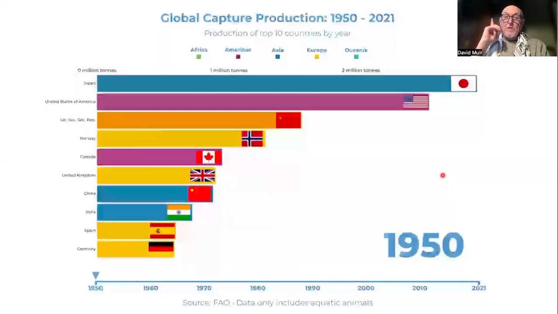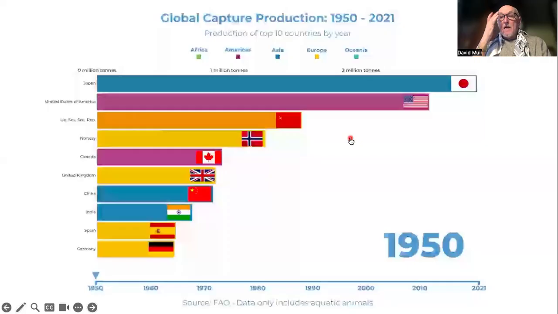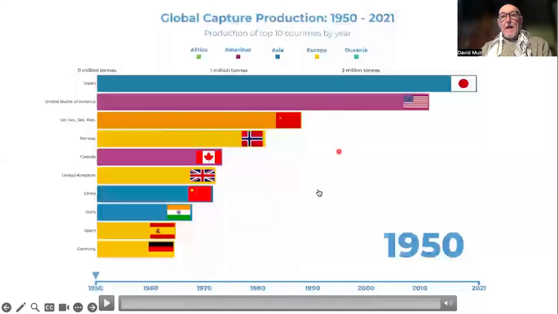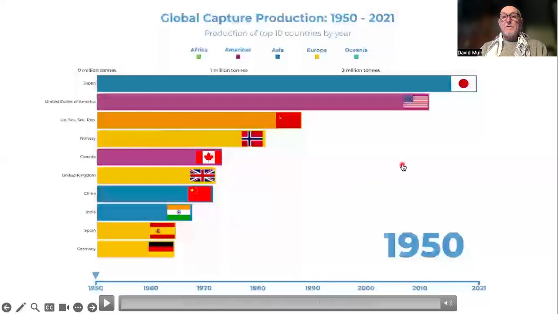So let's talk first about our use of the oceans as a source of food, because it's tremendously important. So I'm going to show you here the exploitation of oceans from 1950 up till 2021. And I just want you to observe a couple of things.